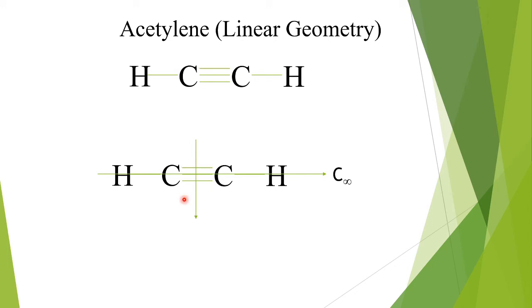Okay, and where are these C2 axes? They are perpendicular to the C infinity axis. Here there is the C infinity axis and perpendicular to that is the C2 axis. In any way you can take it.